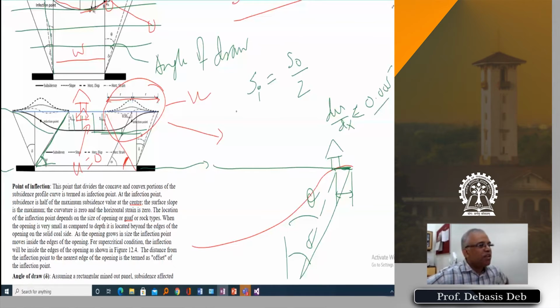Okay. One time I did one work. There was a water tank, and this was in the US. There was a water tank, and people got afraid that when the mine passes through, this water tank will collapse and there will be no water. And fortunately, what happened?